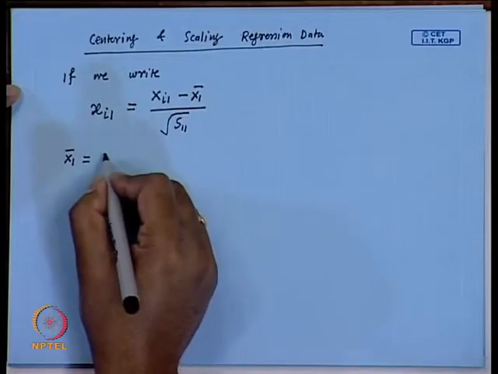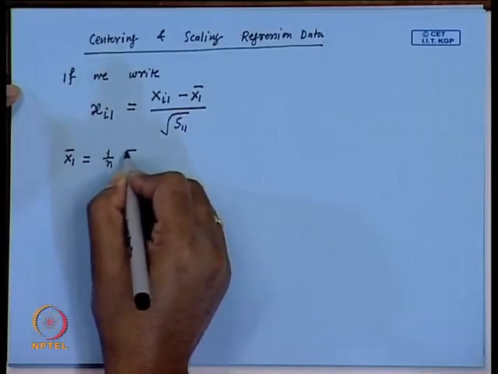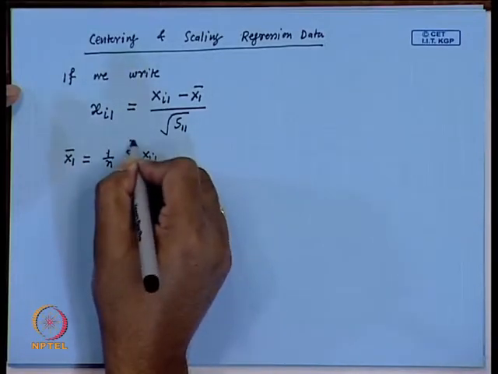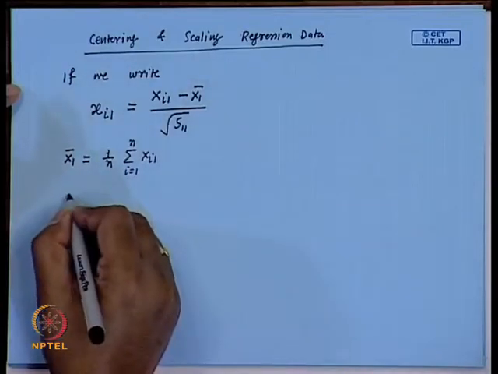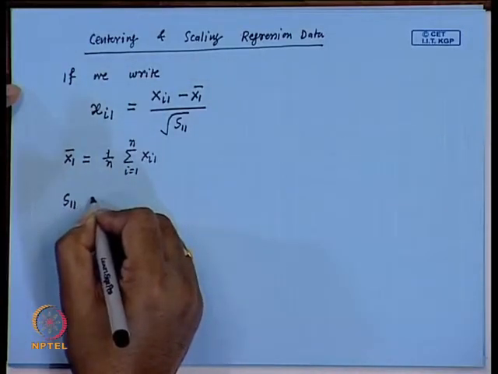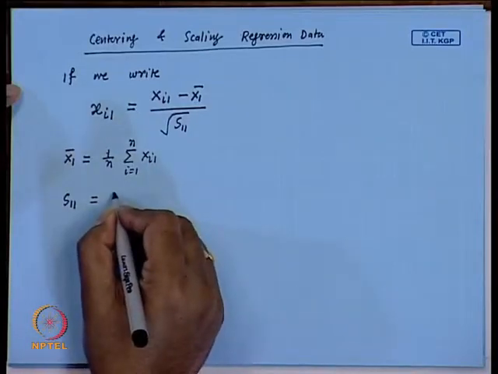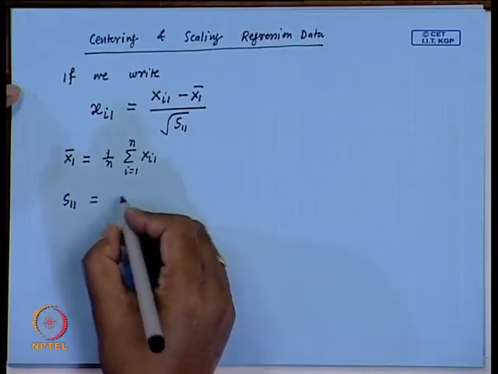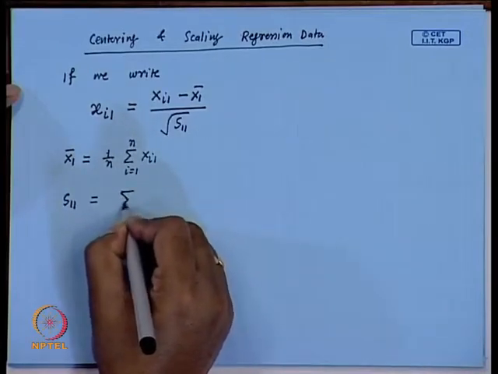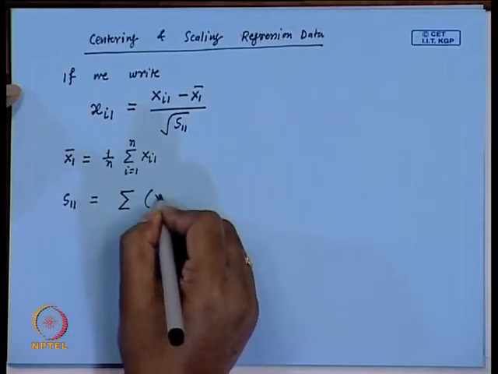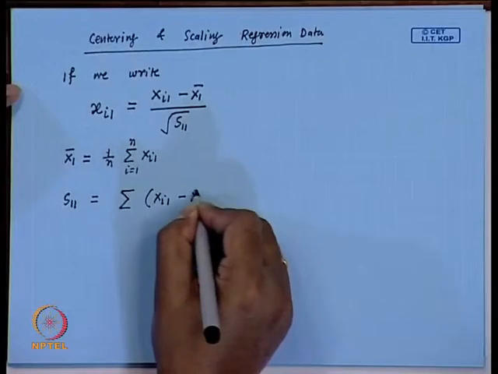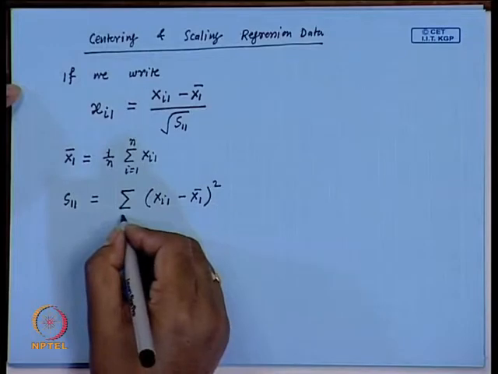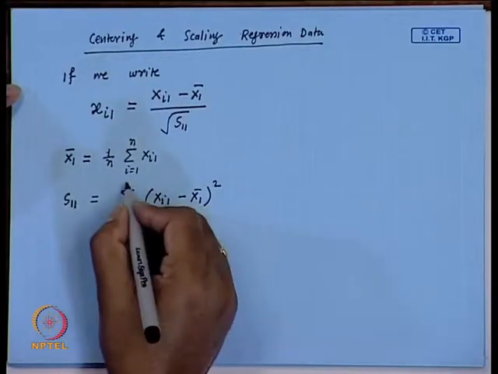So, this is equal to 1 by n summation x_i1, i equal to 1 to n, and s_11 is equal to summation (x_i1 minus x1 bar) whole square, sum over i equal to 1 to n.